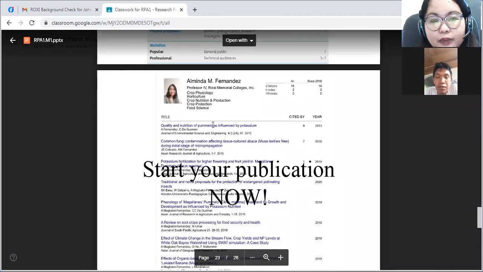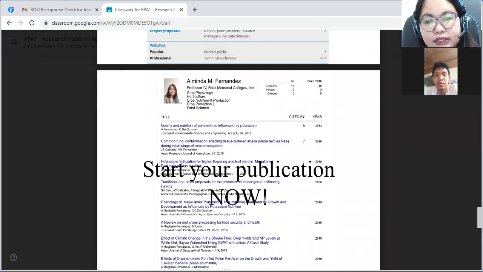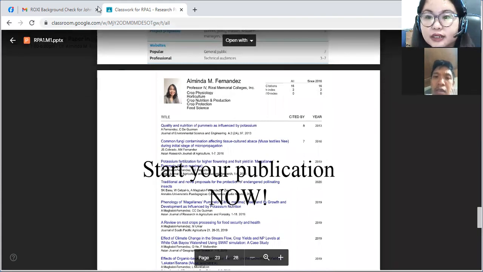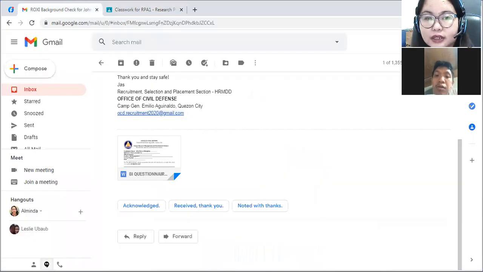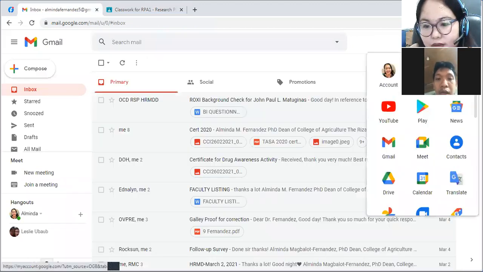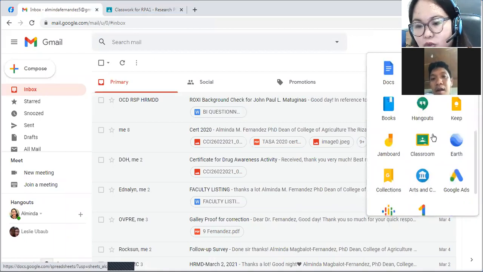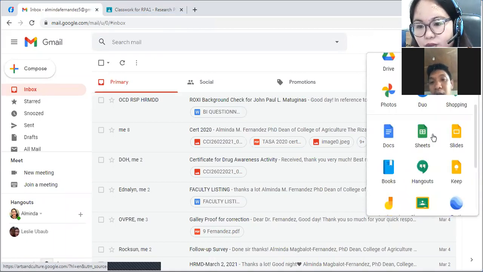So for example, if I search on Google Scholar, are you familiar with Google Scholar? It is among the applications of Google.